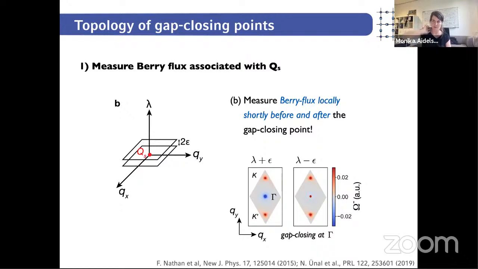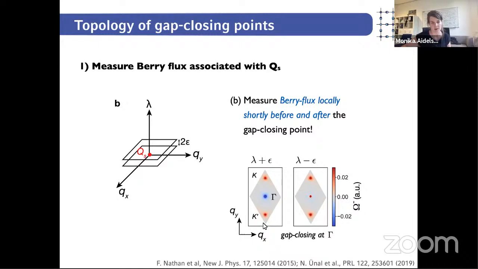And here's an example for a topological phase transition and what happens if you tune across it. But you can show that analytically for this linear gap closing points. So here's the Berry curvature distribution for the hexagonal lattice. Here's the K and K prime point, and here it's shown as a diamond, not as a hexagon, so there's two sides of the diamond.